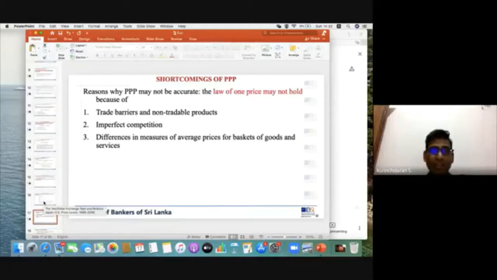So can anyone come to Sri Lanka and have the haircut and go? No. So those are non-tradable services, or even similar products. You can't do the transport. Non-tradable products. Because of that, you don't find law of one price.